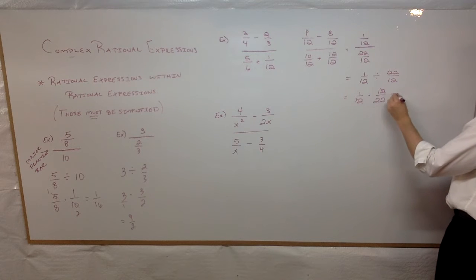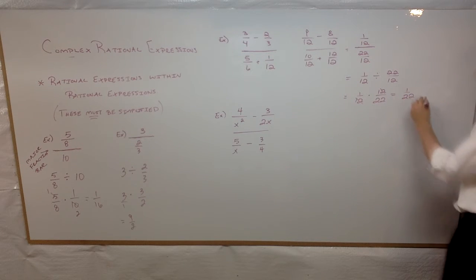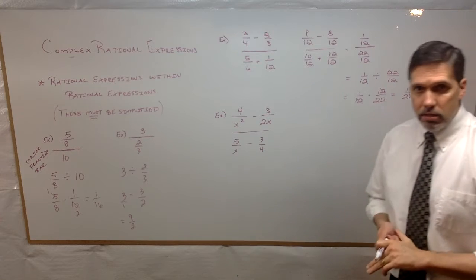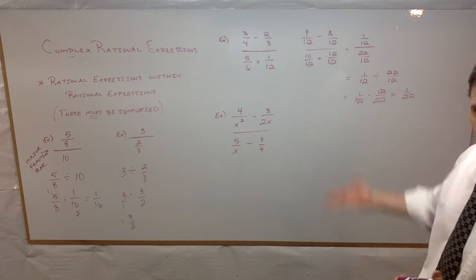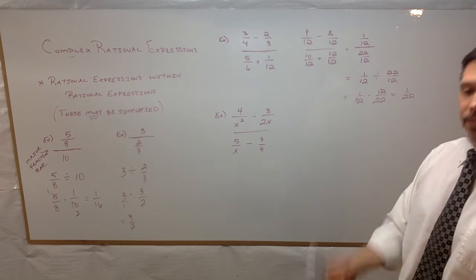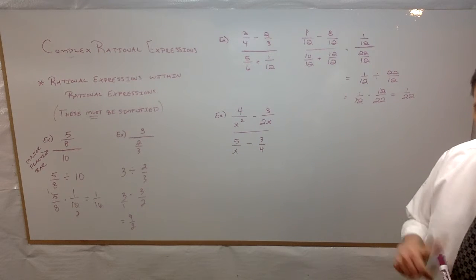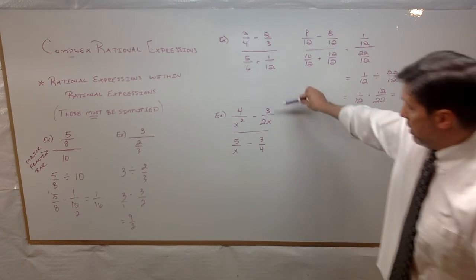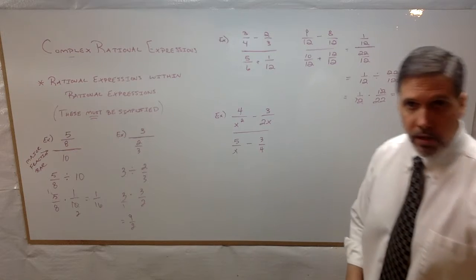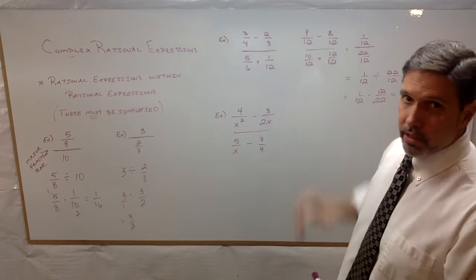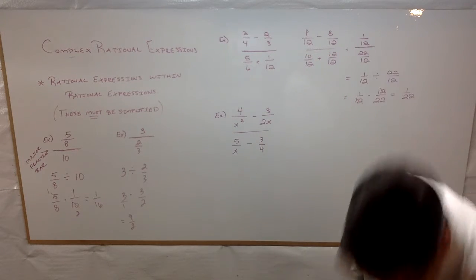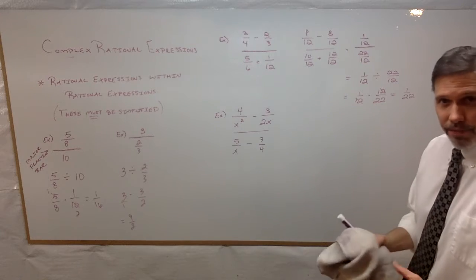The 12s cancel. We get 1 over 22. Now, we could definitely handle that problem this way I just showed you, but this is a very, very painful way to handle a complex fraction. And when you get to problems like this where there's variables, this is definitely not the method you want to go by. I mean, it works, but it's not the fastest method.